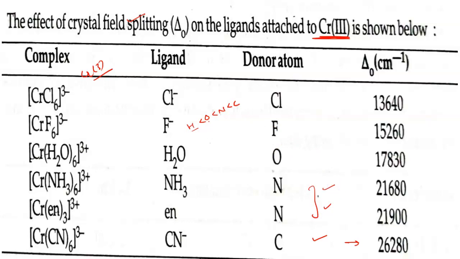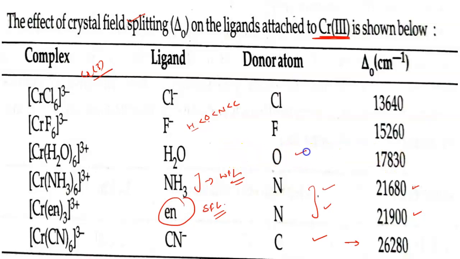Now you will ask why the ligand having NH3 has a lesser CFSE as compared to the ligand en, ethylenediamine. Because this is a strong field ligand, which you will see in the spectrochemical series, and this one is a weak field ligand. Correct. So that is one point, which is why the strong field ligand is going to cause greater splitting and ultimately have a greater CFSE value as compared to the ammonia ligand.